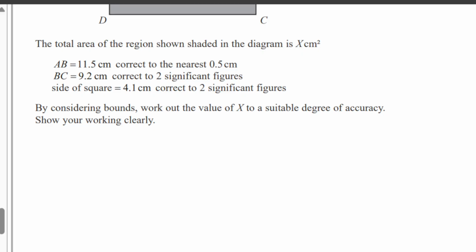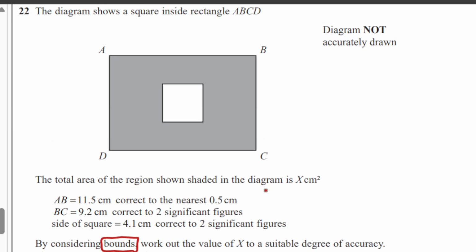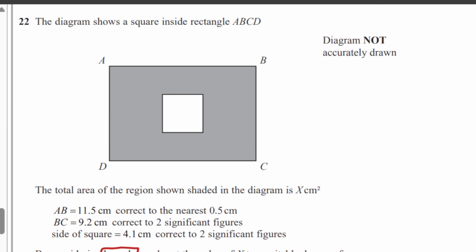Since they mentioned bounds, just think of finding the upper and the lower bounds of the area, and then let's see how it goes. Now what we will do is we will find the upper bound of the area and the lower bound. To find the maximum value of the area, we need AB to be the biggest, so we use the upper bound.